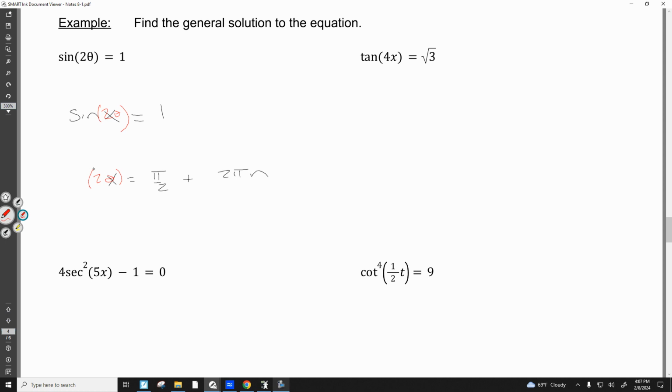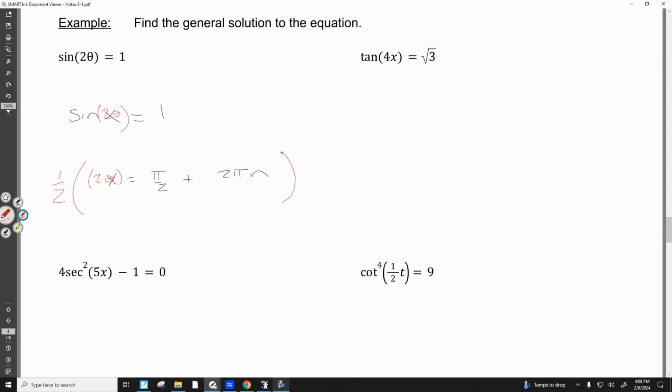You know it's a horizontal dilation. You know you multiply it by a half. But how about this? How do you solve this equation for theta? What do you do? Divide by 2. Right? So all of a sudden you are dilating, but the dilation just comes naturally through the solving.